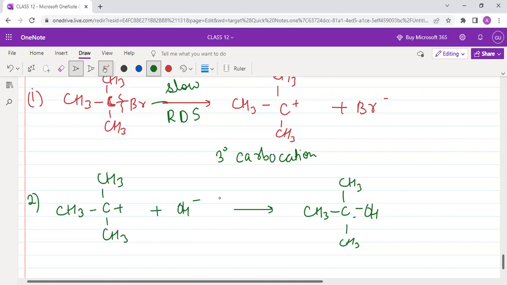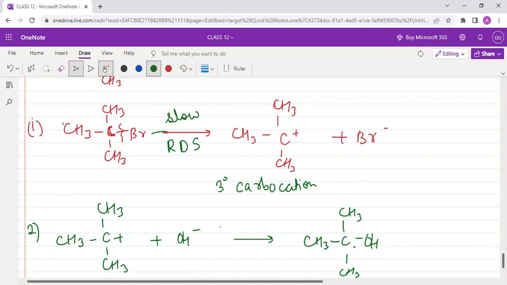The rate determining step determines the rate of reaction. So the rate depends only on the concentration of alkyl halide, and is independent of the nucleophile. If it depends on the concentration of only one reactant, we call it a first order reaction.